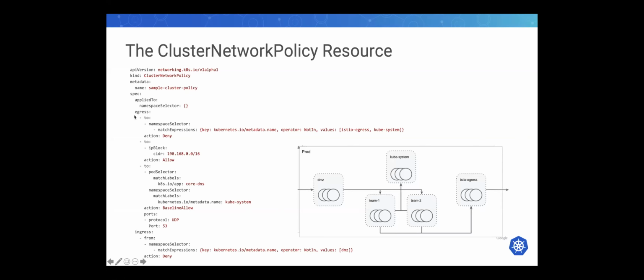So this is how the egress policies for every namespace are applied. The UDP 53 is for those core DNS pods. That's what these egress rules dictate.